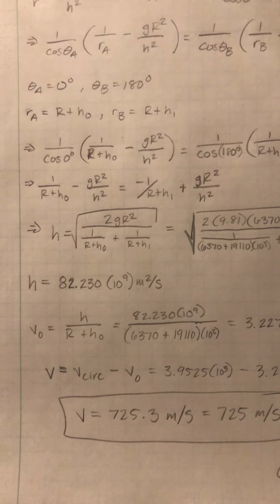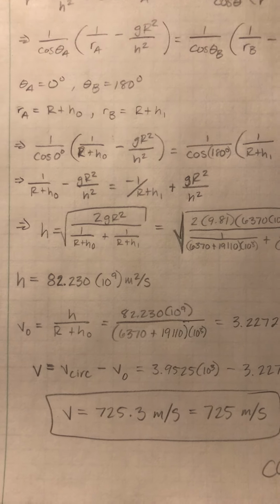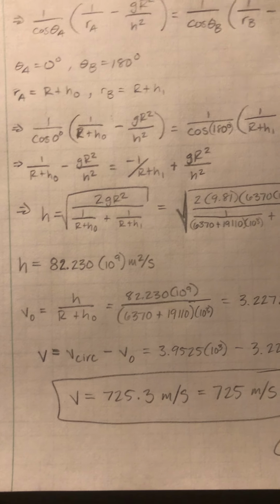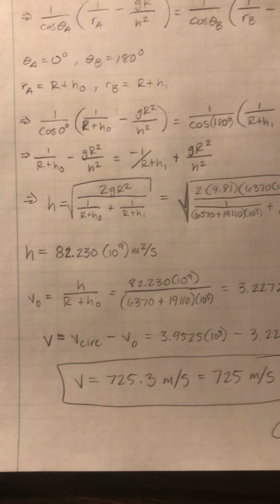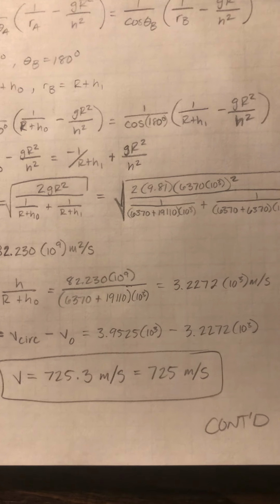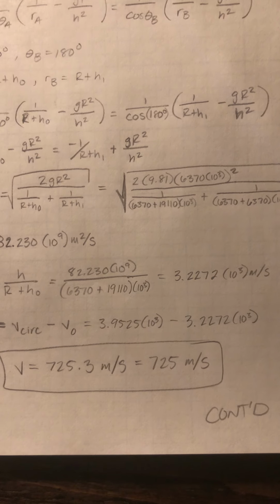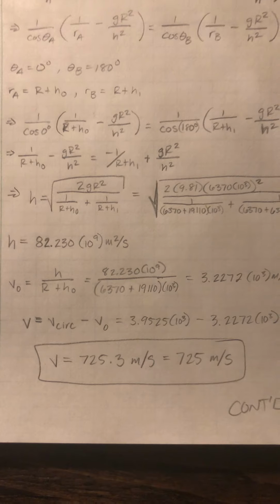And plugging that into our V naught equation as h over r plus h naught, we find that the initial velocity is 3.2272 times 10 to the 3rd meters per second.